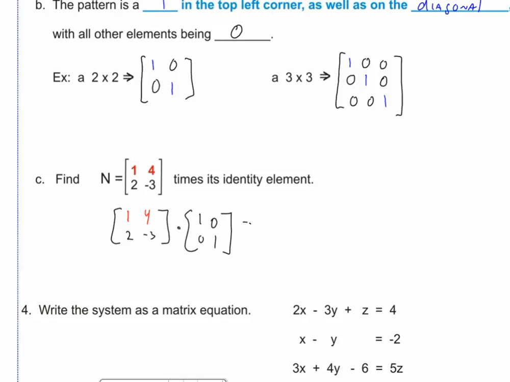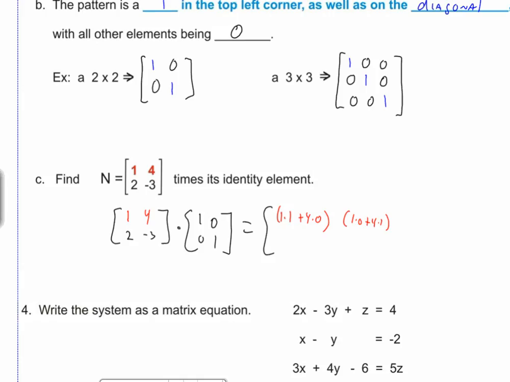Across and down, right? 1 times 1 plus 4 times 0. That was across the first row and down the first column. Across and down. I'm still across the top row. 1 times 0 plus 4 times 1.